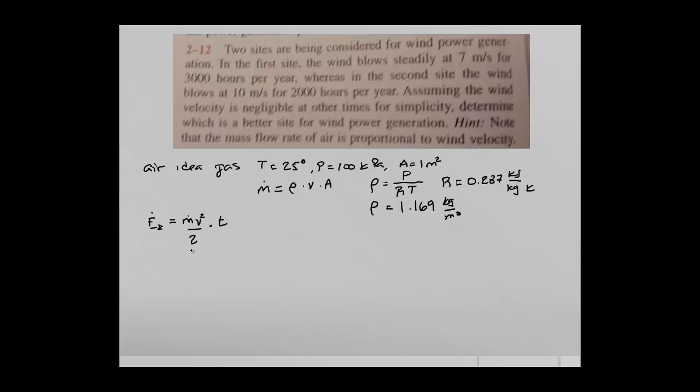So if we substitute, we need to compute the mass flow rate first. It is 1.169 kilograms per cubic meter times the velocity that we have here. In this case, we're going to use the first one, 7 meters per second, times the area.